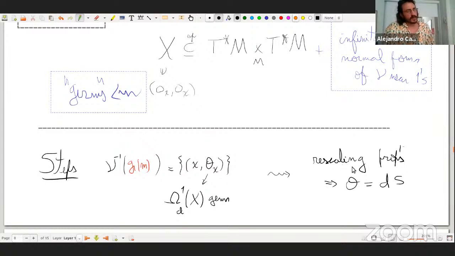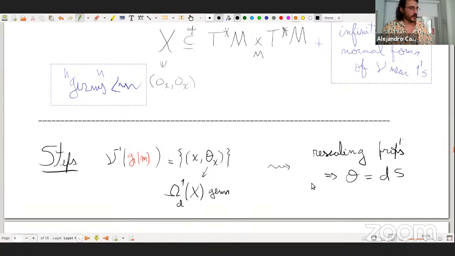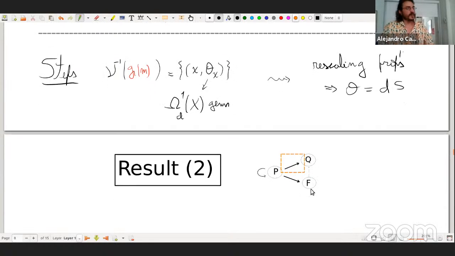And then you use rescaling properties in these two covectors to find the potential for it. Okay, I hope so far so good. So let's move to the second part. In this part, we will use this knowledge that we have here about these local groupoids and their generating functions.